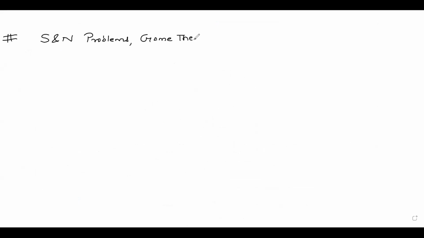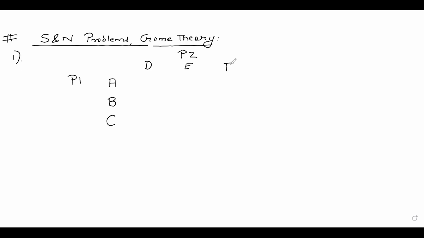Okay, so we look at the first question and I'm drawing the matrix on the screen. We are given two players, player 1 and player 2. Player 1 has the following strategies A, B, and C. Player 2 has the following strategies D, E, and F. The payoffs of both the players are given to us as follows.